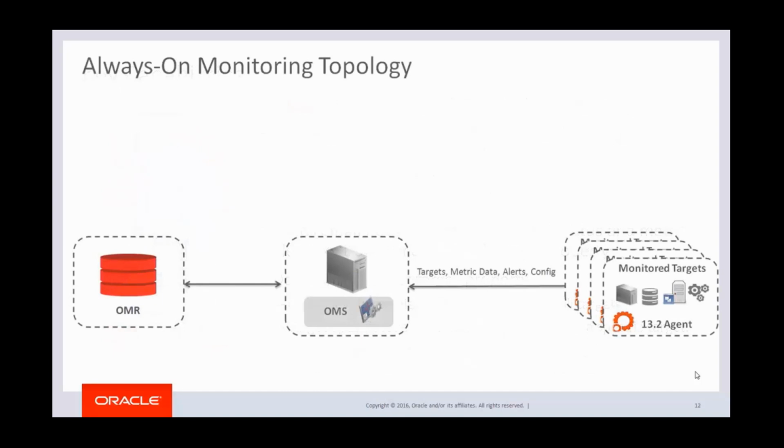So let's take a look at the architecture. The diagram on this slide shows how AOM works. In a traditional Enterprise Manager environment, once again you have OMS, OMR, and agent. The agent monitors targets, collects information, and sends that information back to OMS. OMS processes the data received, then writes to OMR or reads information from OMR.